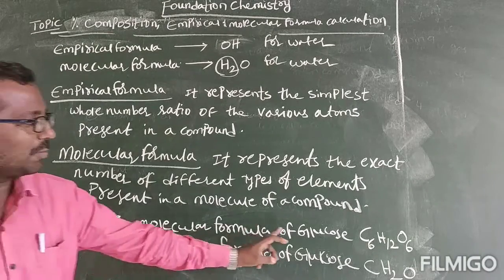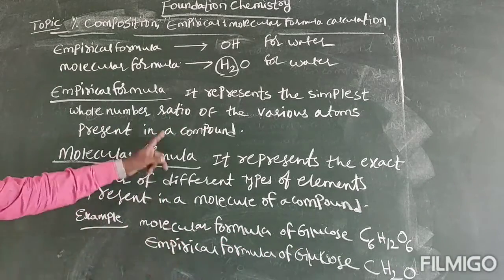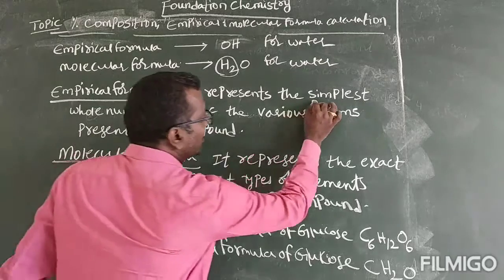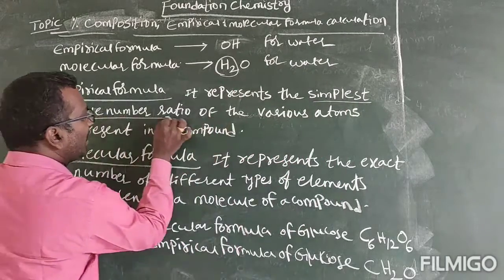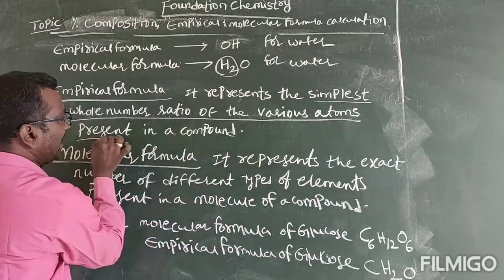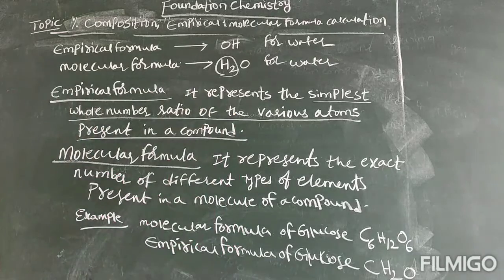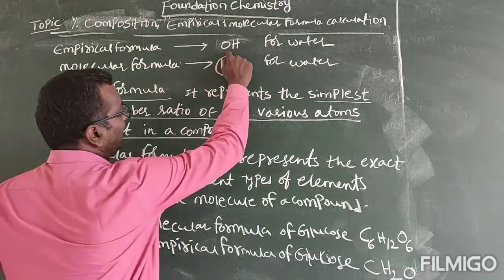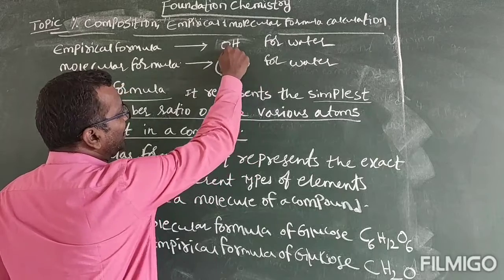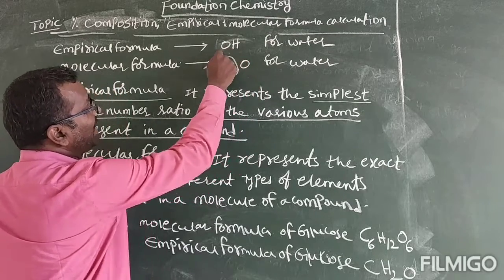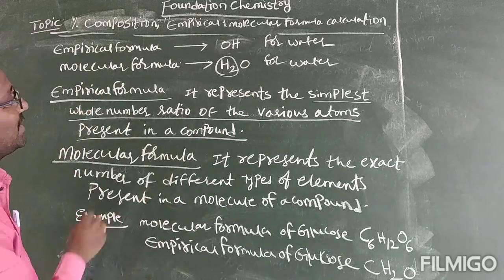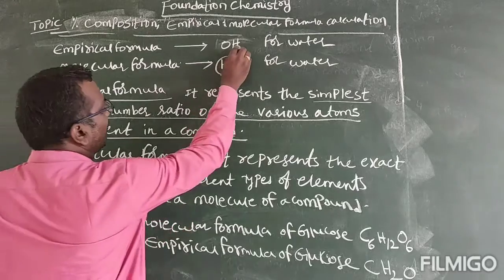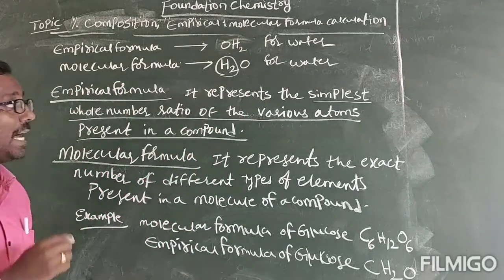So, the definition of molecular formula and empirical formula, you see: the simplest whole number ratio of the various atoms present in a compound. It is the simplest, not the exact. Here, it is not the exact, meaning the simplest.